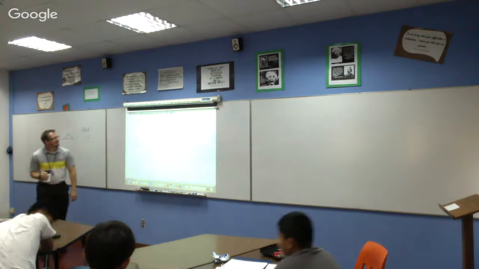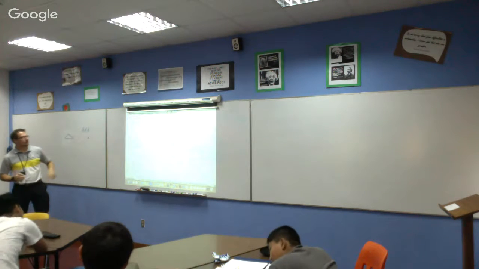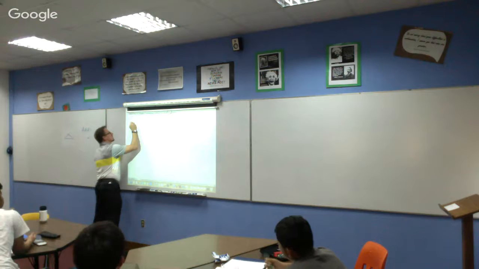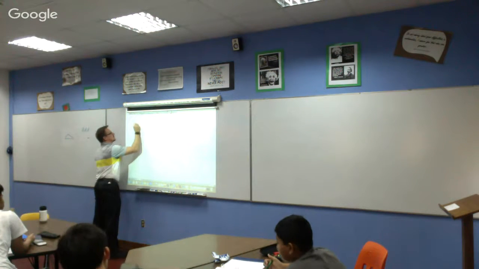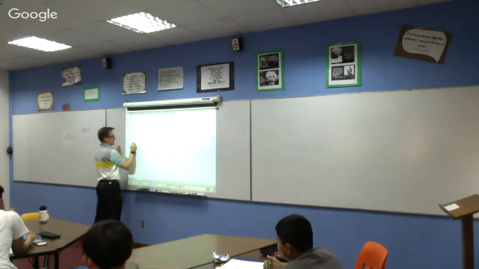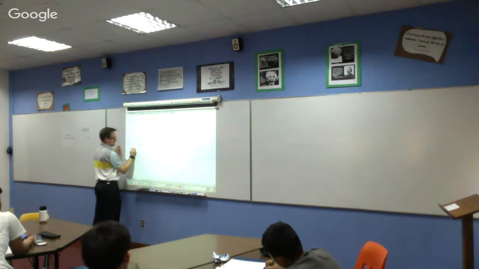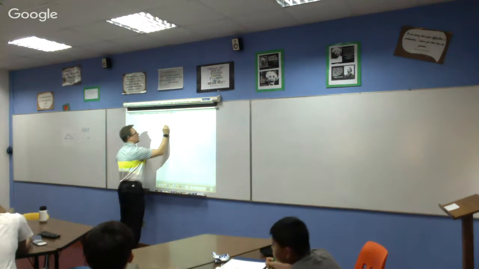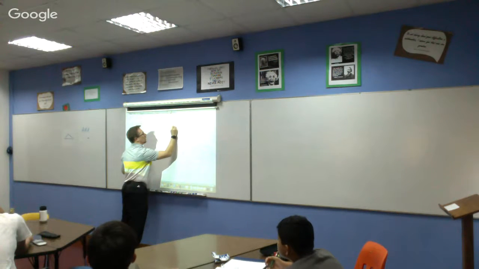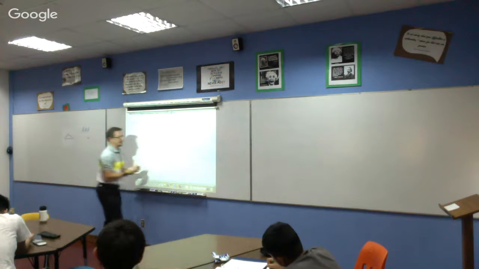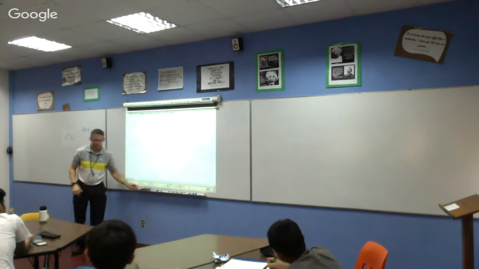All right. State if the two triangles are congruent. All right. So let's see. Just so we can see, because the red didn't come through as well.